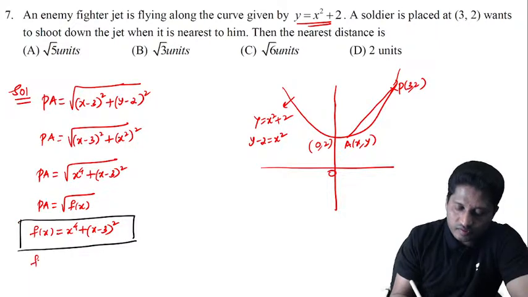If I equate the derivative to 0, f dash of x is equal to 4x cube plus 2 into (x minus 3).